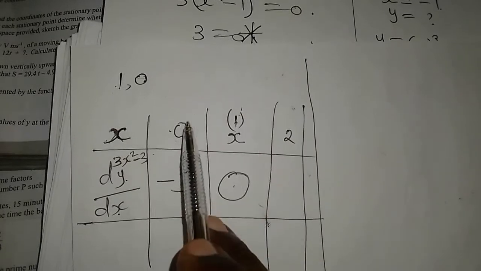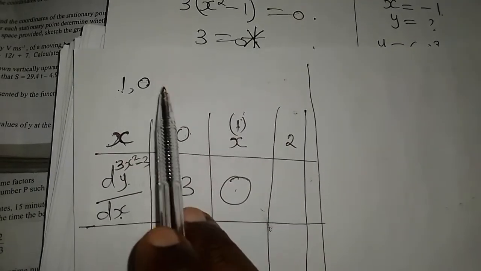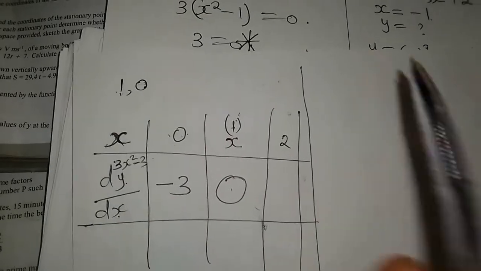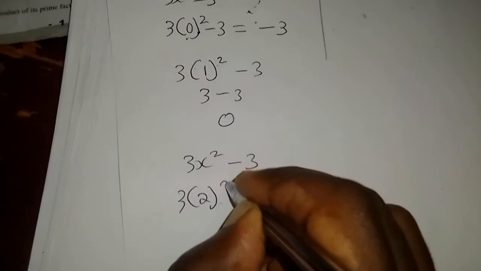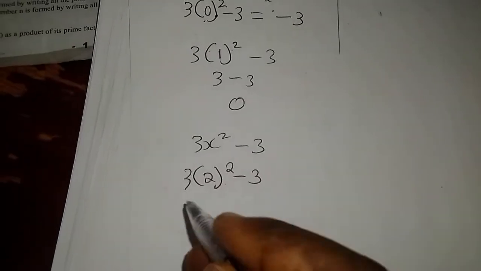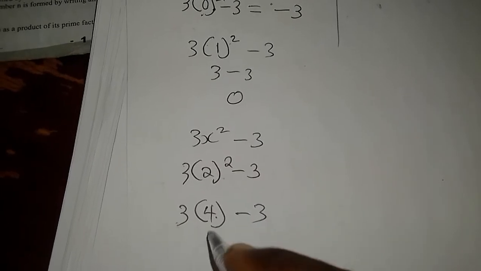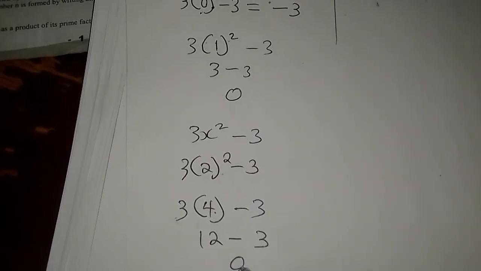So this was 1, this was 0, and this is 2. 1 was the one we picked from one of the turning points of the curve. So we shall have 3 into 2 squared minus 3. That is the same as 3 into 4 minus 3. That is 12 minus 3, that gives us 9.